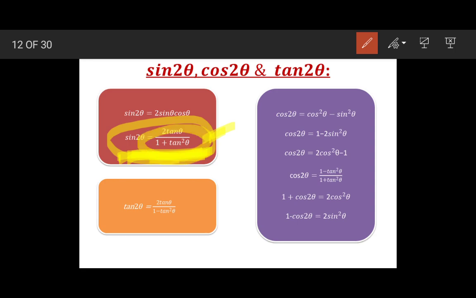That's why plus will come in the sin 2 theta formula, and the opposite, minus, will come in the tan 2 theta formula. So once again just check the formulas. These two formulas look the same, but there is a difference, and the difference is the plus and minus sign.